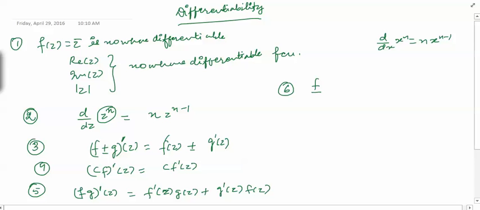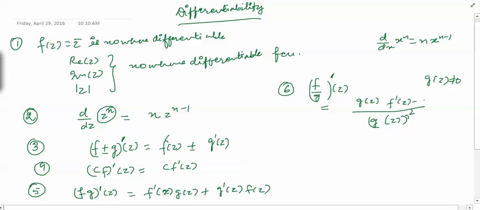Okay, if f and g are differentiable at a point z and g of z is non-zero, then their quotient is differentiable at that point, and the derivative is given by the similar rule: g of z into f dash z minus f of z into g dash z, upon g z square, right?